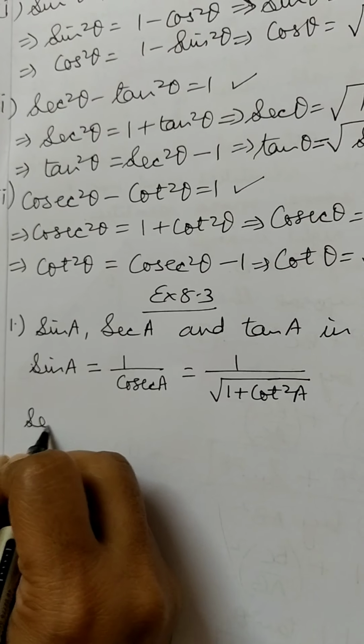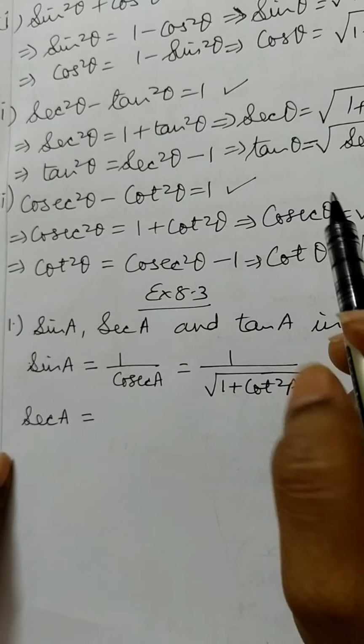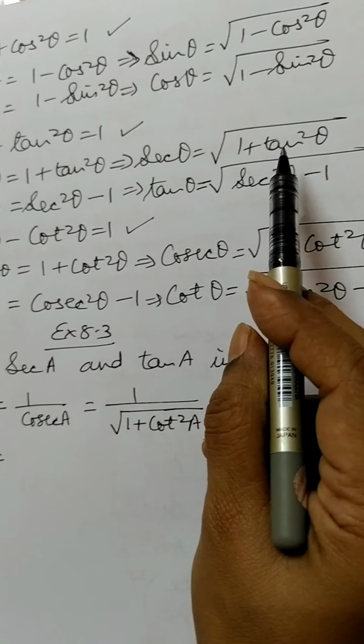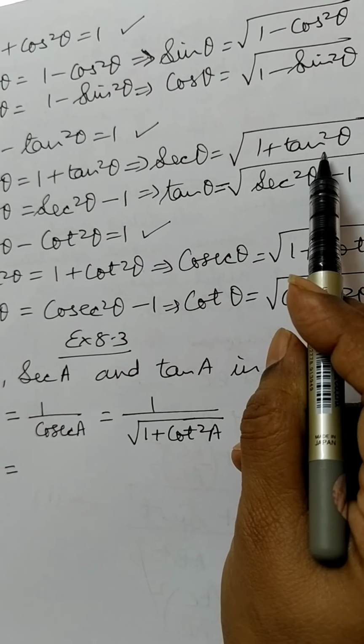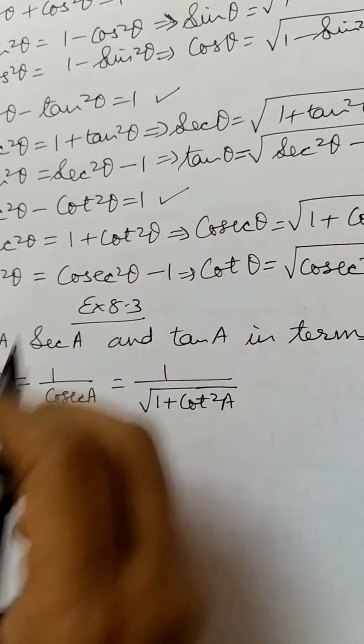Next, sec A. We can see that sec A can be written in terms of tan A, and tan is the reciprocal of cot A. So we start from here.